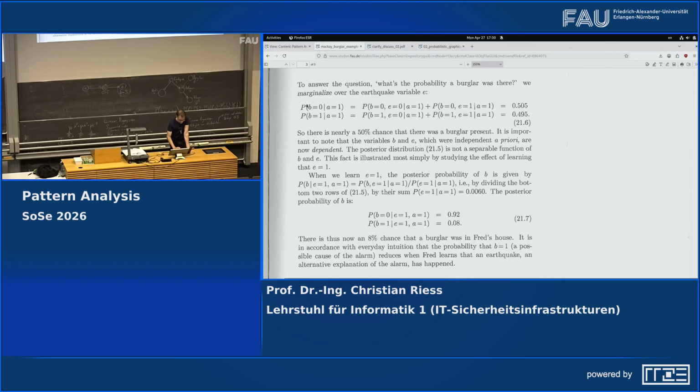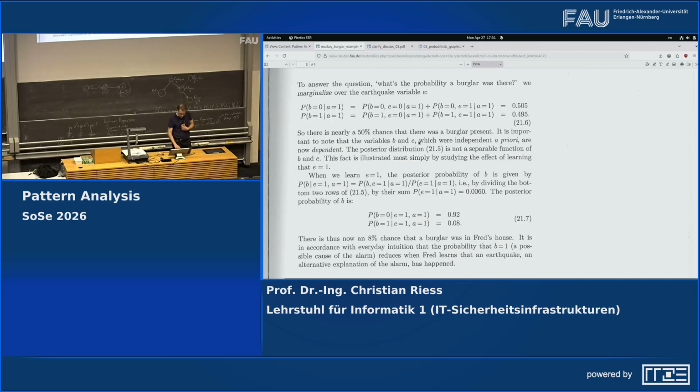So the only variable that is left is burglar was not here or burglar was here. And we sum over no earthquake or earthquake. And we get a 50.5 chance for no burglar was there and a 49.5 chance that a burglar was there. So there's nearly a 50% chance that there was a burglar present.